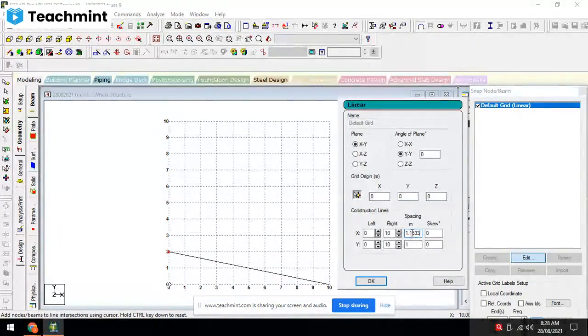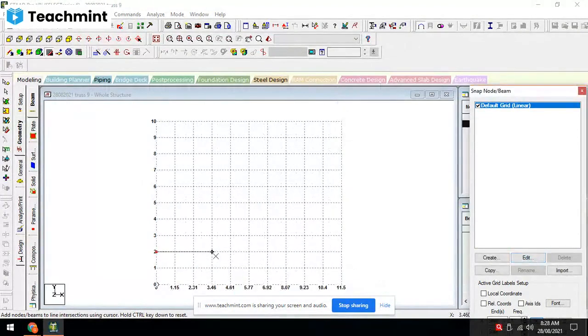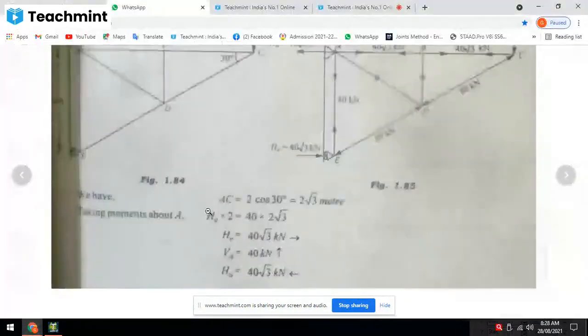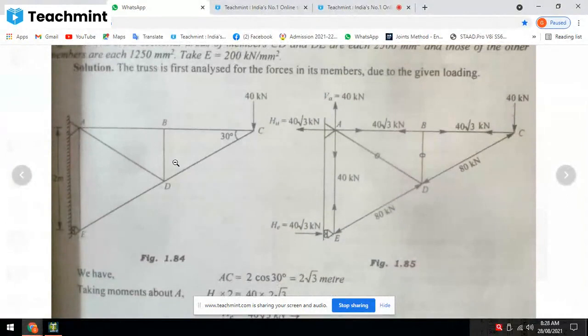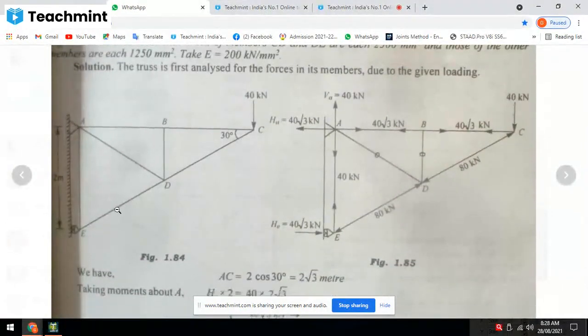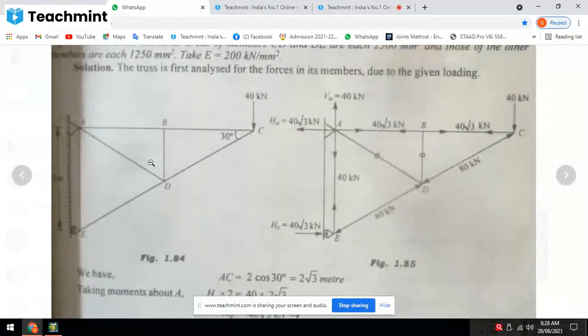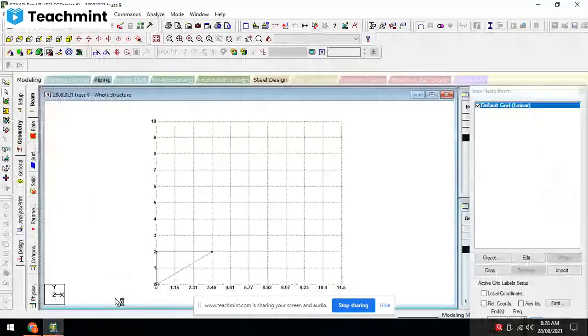That will be okay. So 3.46, incline is 4. Yes. Then vertical is 3.46 divided by 2, 1.73. 1.73 is AB. AB is 1.73.